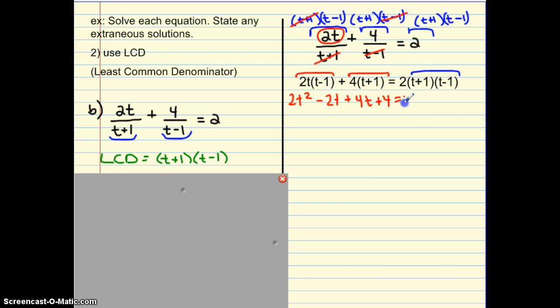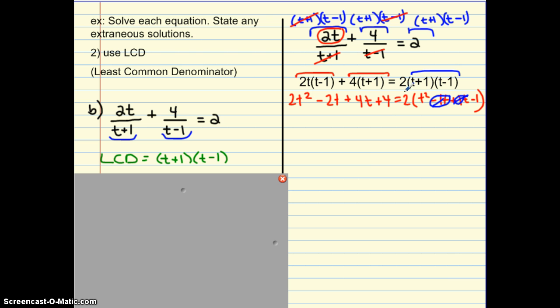And I think we're going to do this in 2 steps. So we'll have 2 times t squared minus 1t plus 1t minus 1. And that's going to get parentheses around it. Now looking closely at this, my minus 1 and my plus 1 are going to cancel.